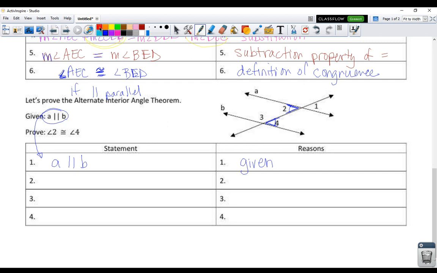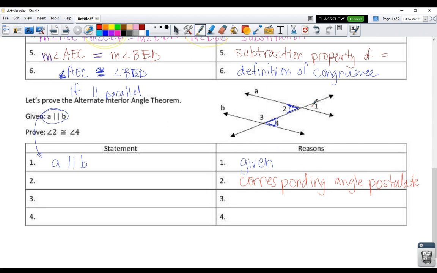Before we get to the theorem, we have a postulate. Postulates don't have to be proven, and they are congruent always. There is a postulate known as the corresponding angle postulate. We're going to use it to write down some corresponding angles. Postulates are always true. We don't ever have to prove them. They're so basic.